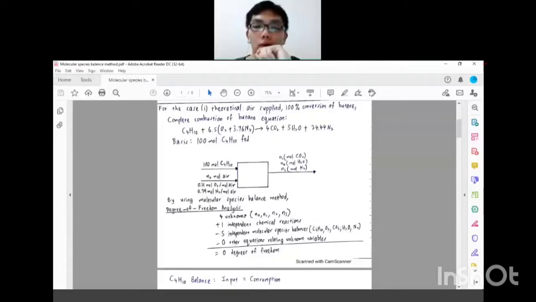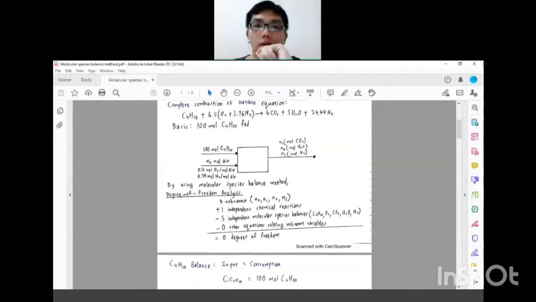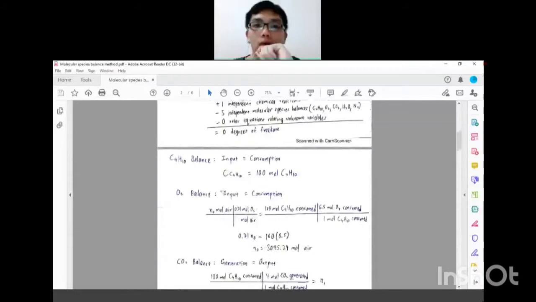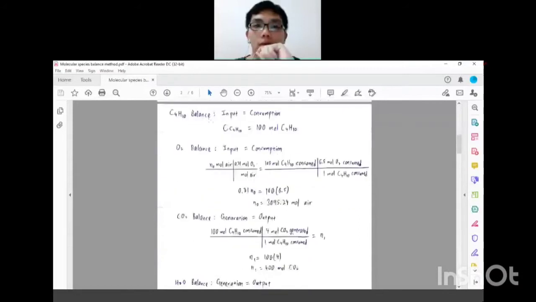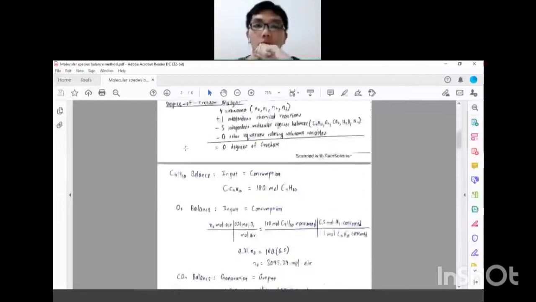And there are no equations relating unknown variables. So this results in 0 degrees of freedom, so the problem can be solved. Next I will lay out the molecular balance involving these 5 species.